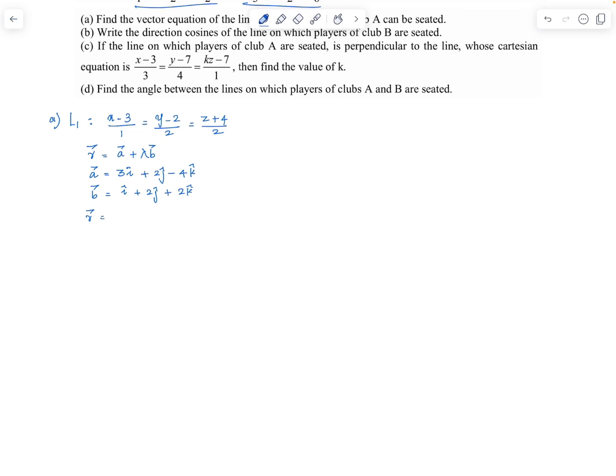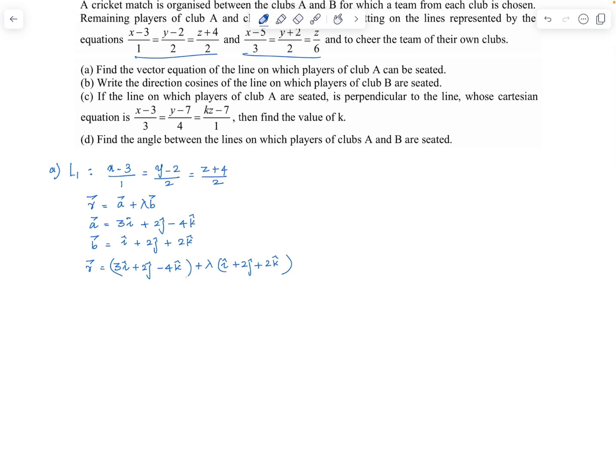Therefore the r vector can be written as 3i plus 2j minus 4k plus lambda times i plus 2j plus 2k. This is a vector equation of the line on which the players of club A can be seated.